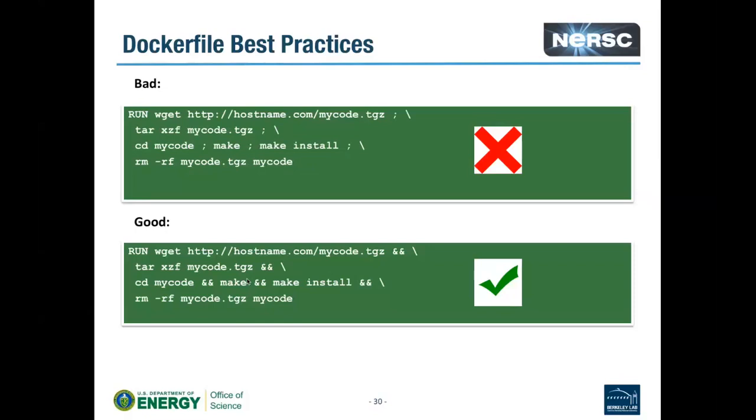It's going to keep chugging along, and Docker will think of it as if that all succeeded, even if it didn't. In the good example, we're chaining them together. So if at any point in that sequence something fails, Docker will detect it, and it'll stop the build at that point, right? So again, this is not specific to Docker, but it's a trick you wind up using in Dockerfiles pretty frequently, at least I do.